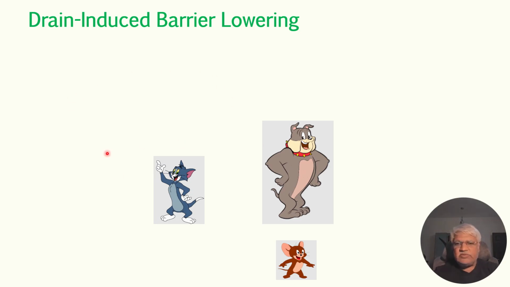This will happen in short channel effects. However, if the dog had been far away, that means a long channel device, and the cat had been here as in the previous case, then Jerry would not get the cheese. That is the phenomenon in a long channel device. So there is no current in the long channel device when the gate is turned off, but in the short channel there is.